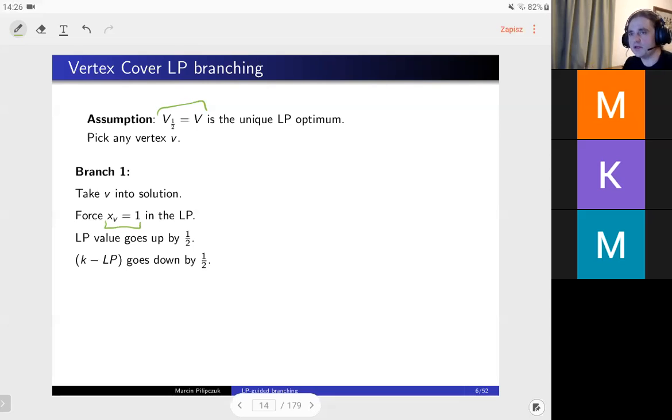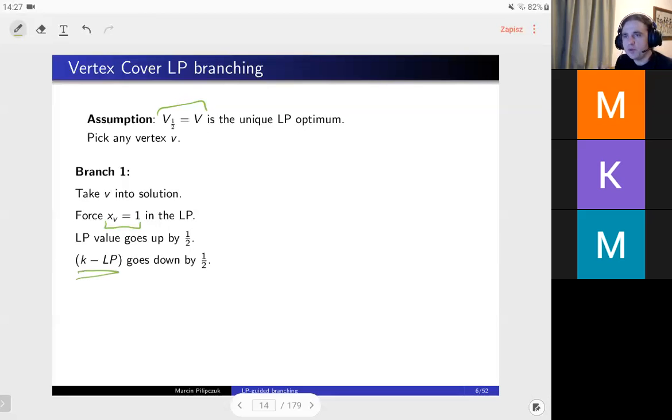So what happens here? K stays for a moment the same. You force this vertex to be 1. The LP goes up by half, and then this vertex of value 1 you actually delete and decrease K by 1, and the LP decreases by 1. As a result, you can think of this excess. The LP is a lower bound for your integral solution size.